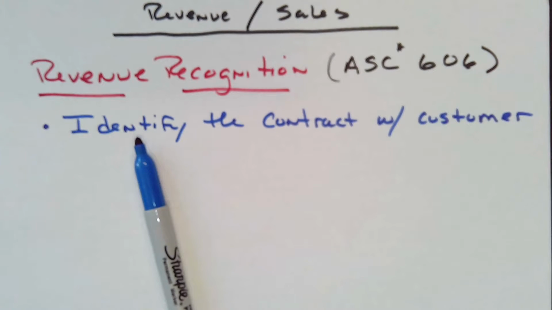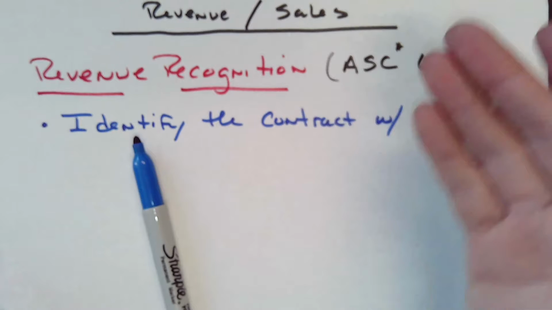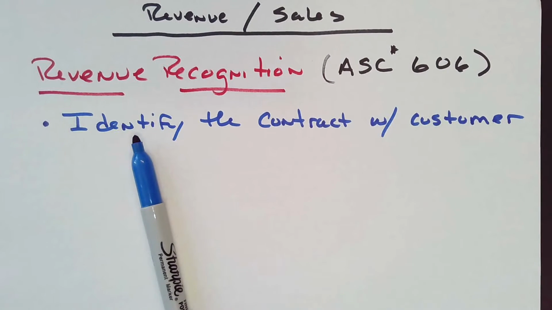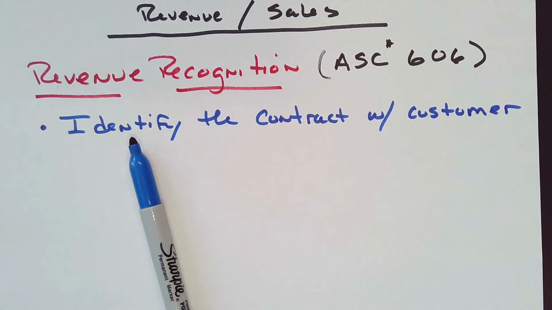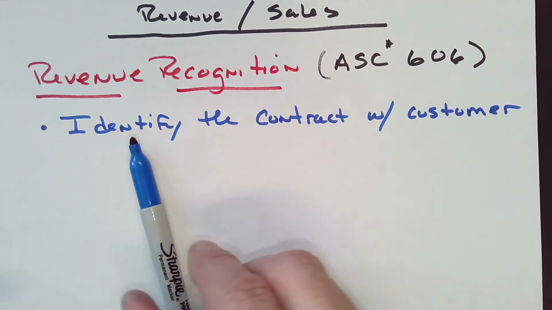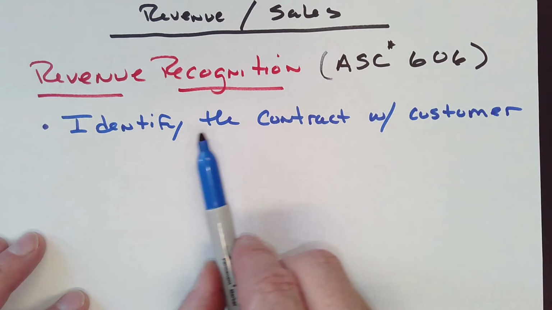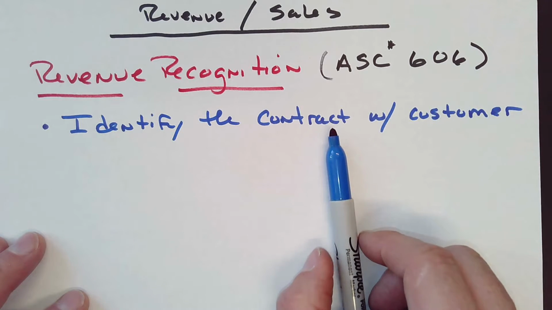It could be a click, right? If we're thinking about Amazon, how do they identify the contract with a customer? Well, when you go onto Amazon and you click the button that says buy, you have entered into a contract with Amazon. That's how you identify the contract, whether it's through Amazon or through one of Amazon's resellers.